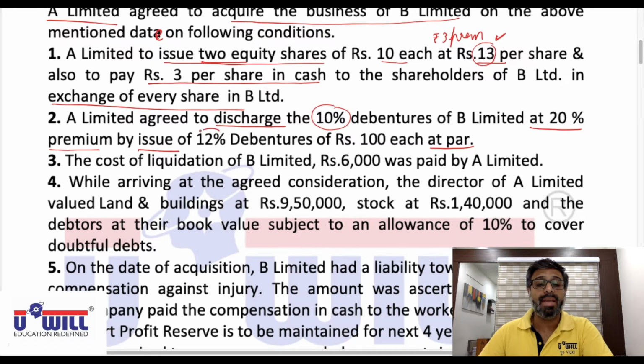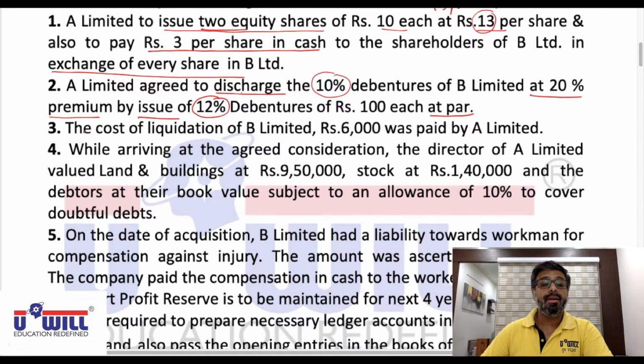In the new company A Limited, they are given 12% debentures, but there is again a complication in the language. Discharge at 20% premium, but issue at par. How to work it out? We'll see in the workings. The cost of liquidation of B Limited, 6,000, was paid by A Limited.